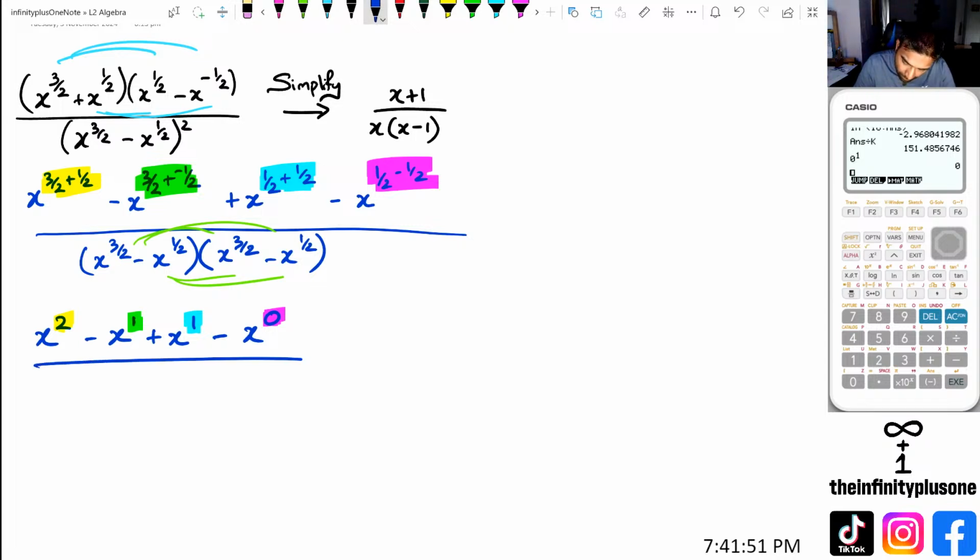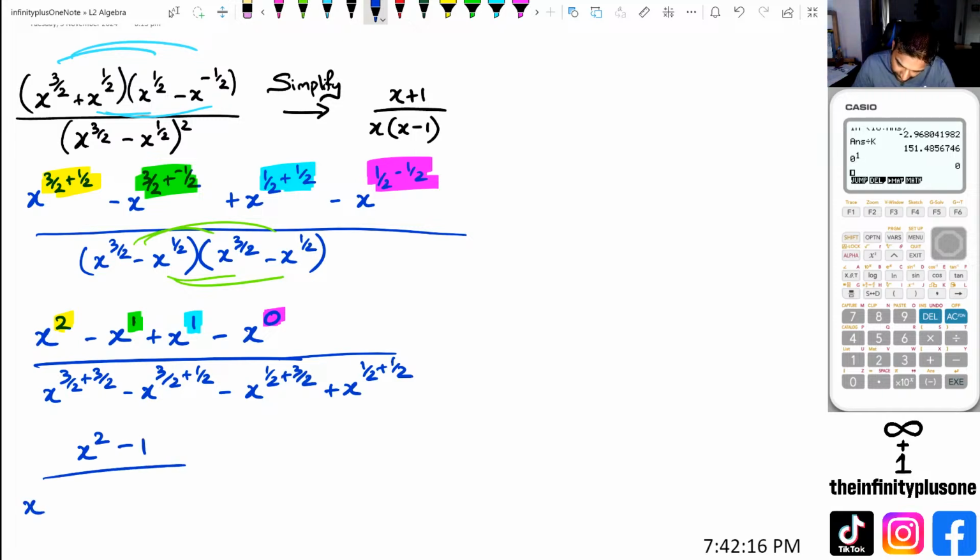All that is divided by, I'm going to expand the denominator. So I'm going to get x to the power of 3 over 2 plus 3 over 2, minus x to the power of 3 over 2 plus a half, minus x to the power of half plus 3 over 2, plus x to the power of half plus half. So looking at the numerator again, I've got x squared minus 1 divided by x to the power of 3, because 3 over 2 plus 3 over 2 is just 3.